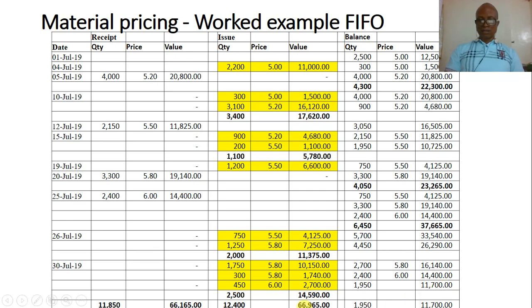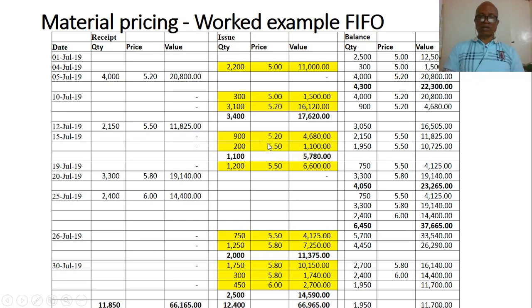So at the end of the day, you brought in 11,850 units, valued at this price. You issued out 12,400 units valued at this, and then of course you got a balance of 1,950 units, and a balance of 11,007 as the value of the closing balance.